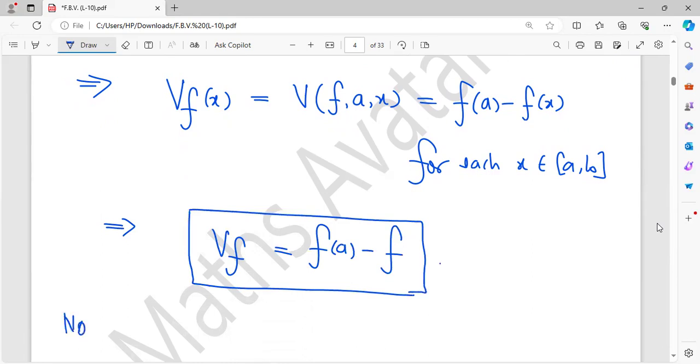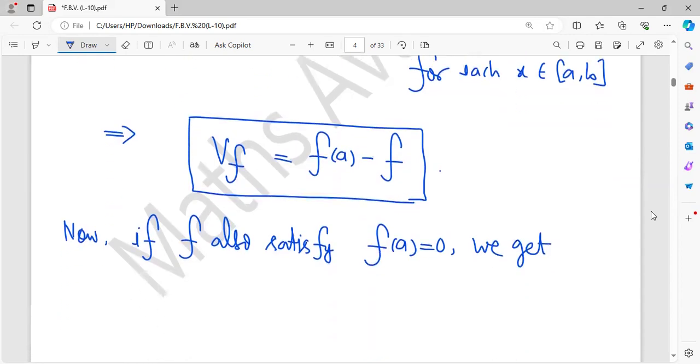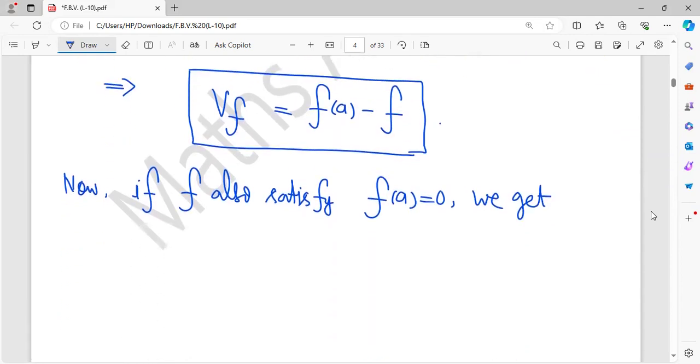Now, if f also satisfies f(a) equal to 0, we get, putting f(a) equal to 0, V_f is equal to minus f. This implies V_f is equal to minus f.